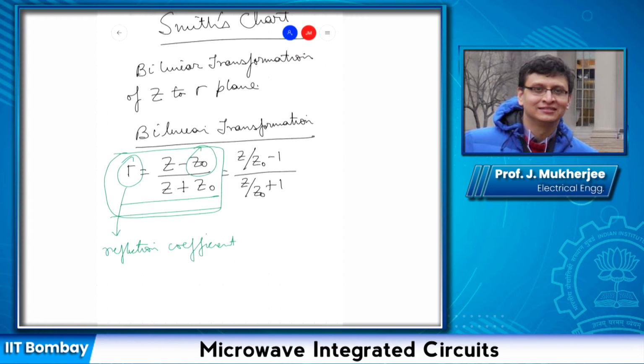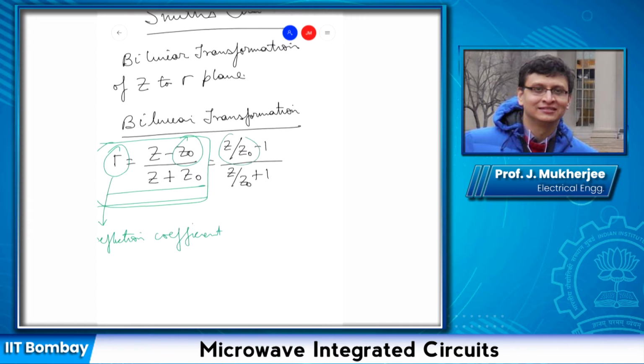Now these quantities, Z upon Z0 and Z upon Z0, can be replaced by what are known as normalized impedance.